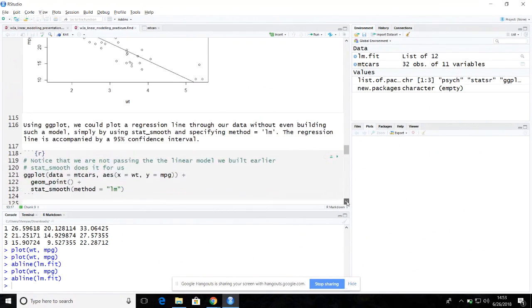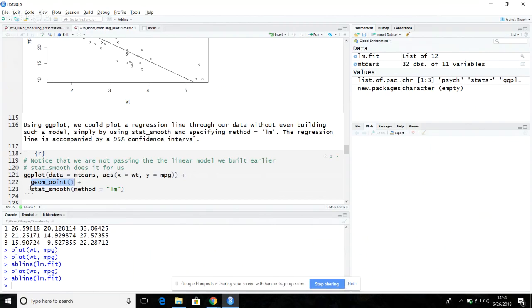A little bit of a sidetrack here. If you use ggplot and you just want to draw a regression line on your data, you don't need to go through the steps of building a linear model and using abline. You can use ggplot's stat_smooth and just say method equals lm, and it draws a line through your data. So you specify your aesthetics, your x and y, and then geom_point gives you a scatter plot.